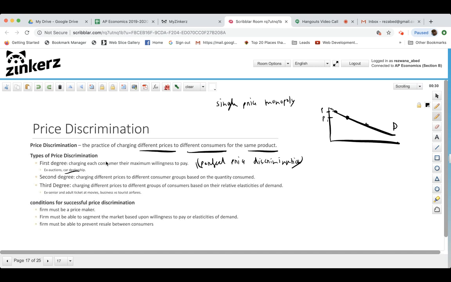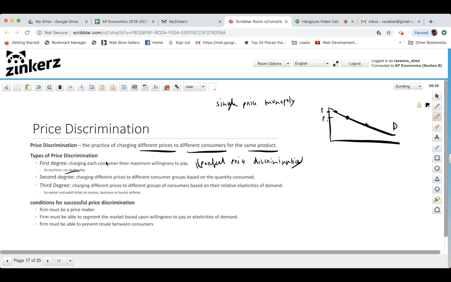Second degree price discrimination is when you charge different prices to different consumers based on the quantity consumed. Okay, so I think an example of this is electricity. With electricity, the first 100 kilowatt hours is charged differently: if you use the first 100 kilowatt hours, you are going to pay a higher price than if you use more than 100 kilowatt hours.